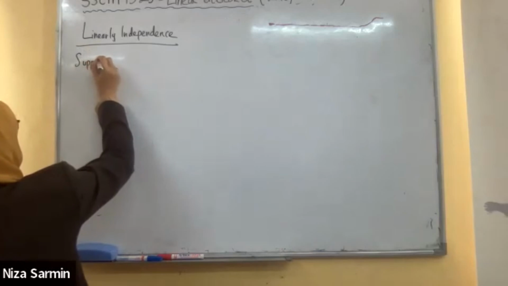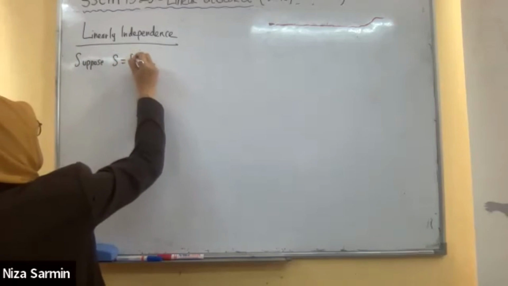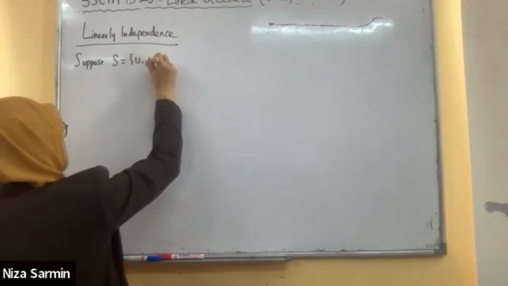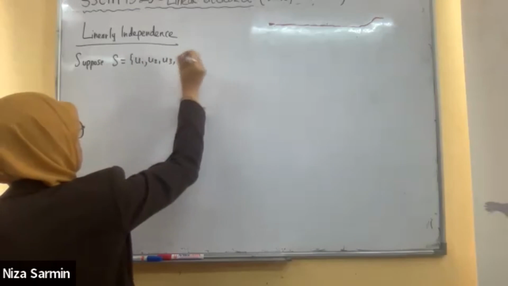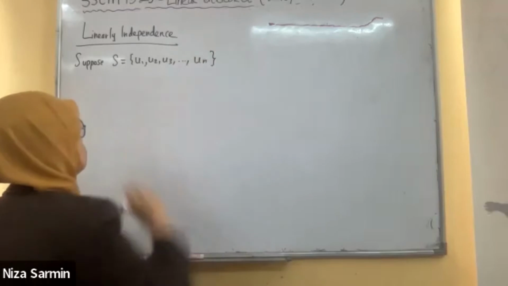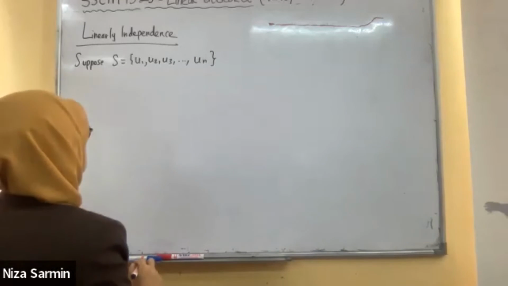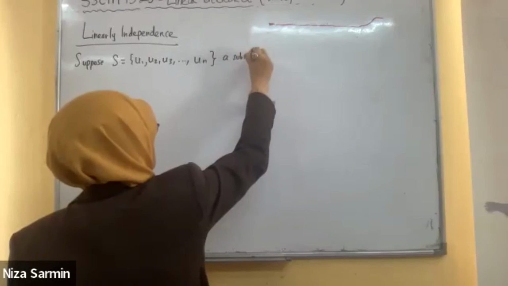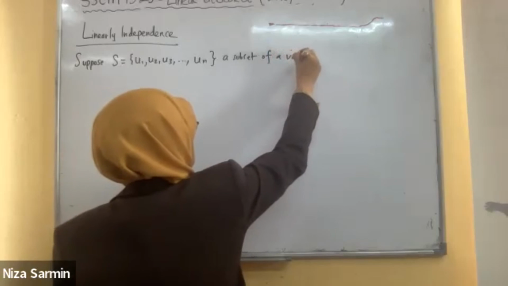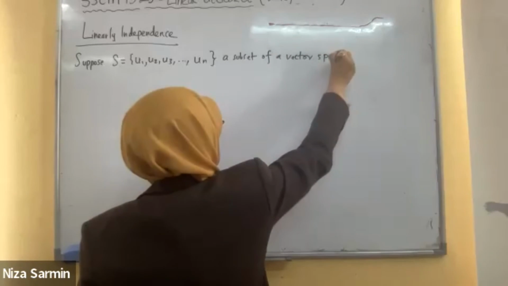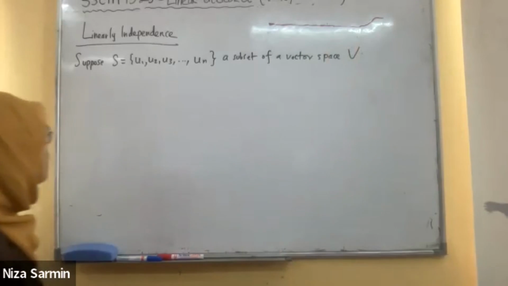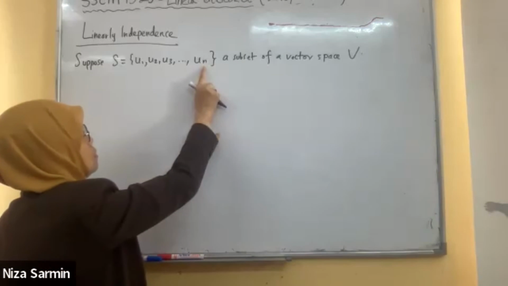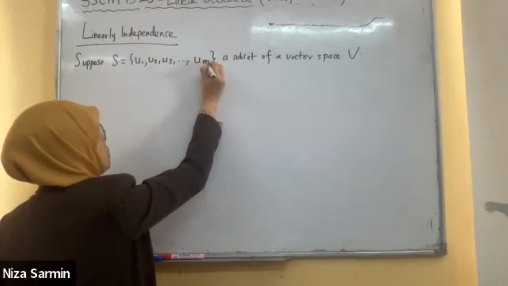So suppose S is, now I use U1, U2. The same thing if you use V, UN. Suppose S is U1 until UN, a subset of a vector space V, or you use M, doesn't matter.